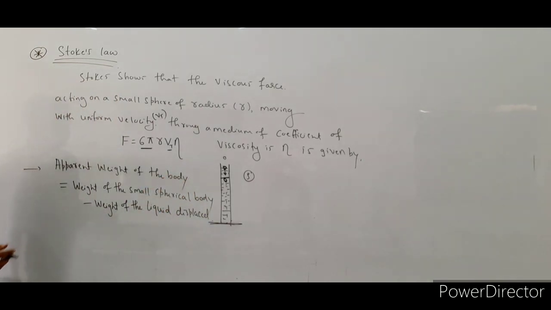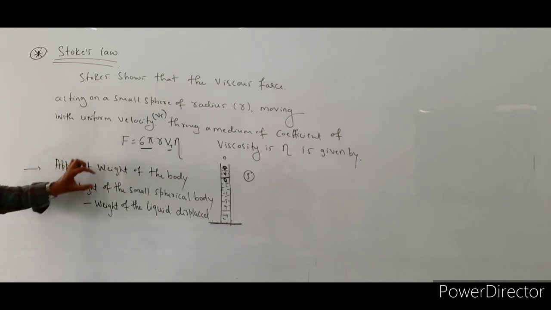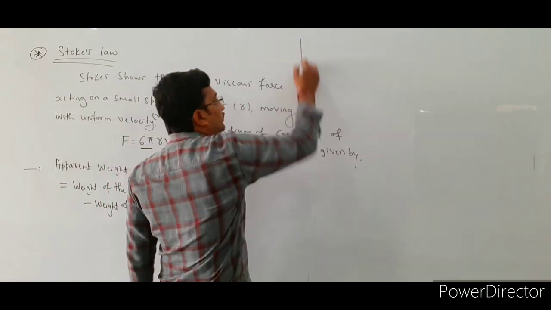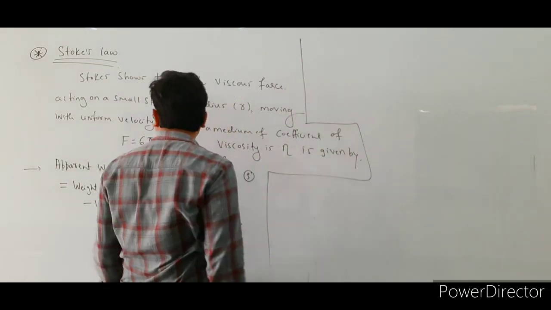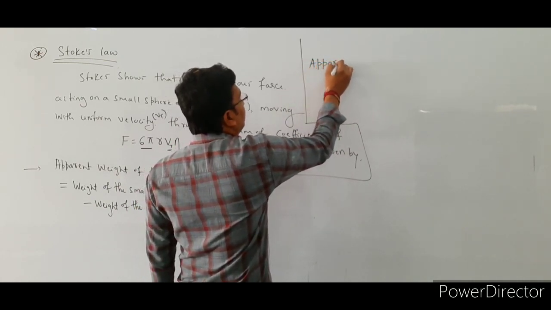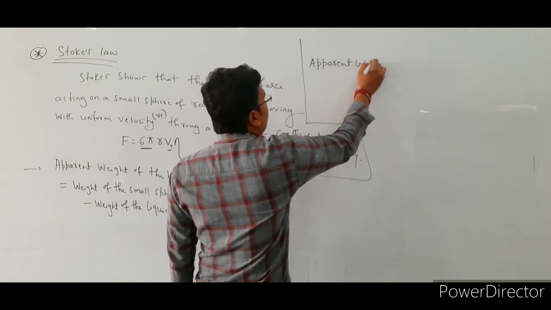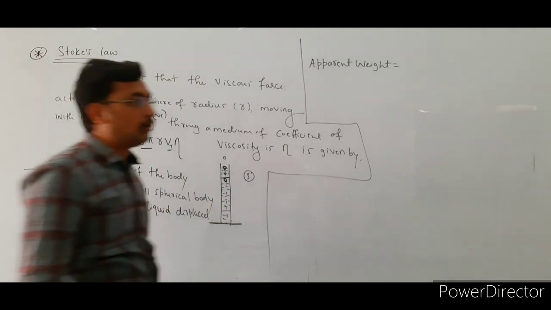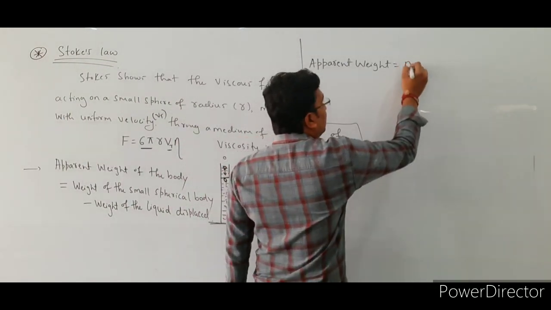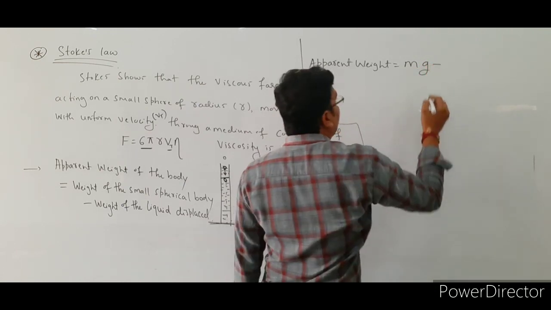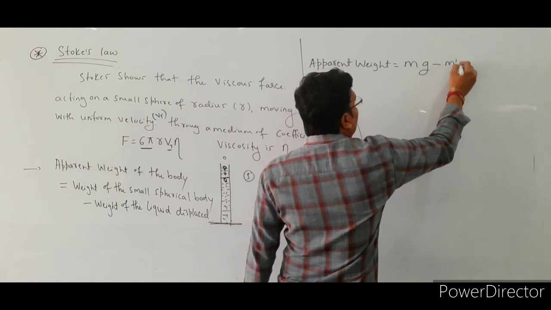See here, how to find out the apparent weight of the body? The apparent weight is equal to the weight of the small spherical body. Weight is nothing but mass into acceleration due to gravity, so that is mass into acceleration due to gravity minus the weight of the liquid displaced, that is m dash into g.